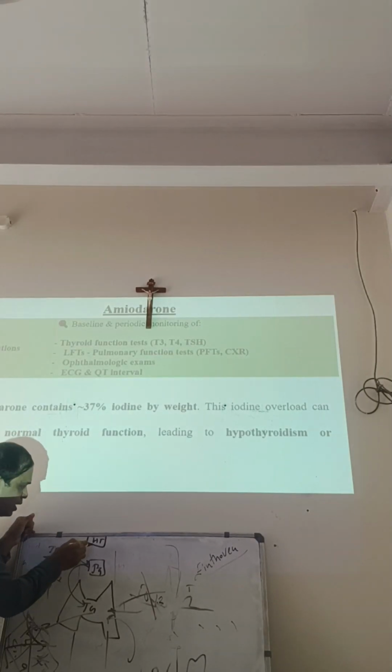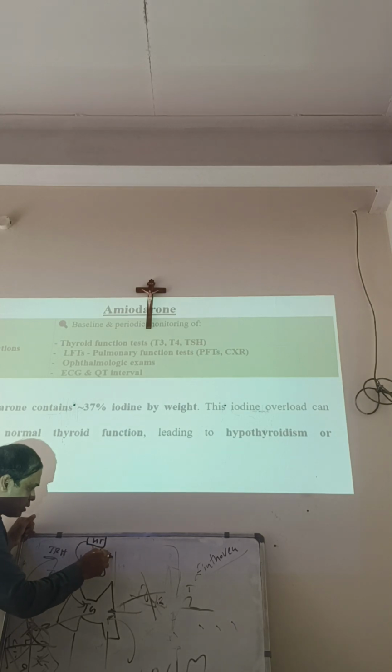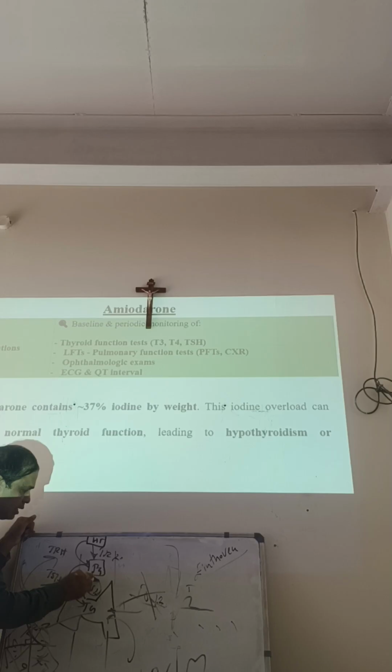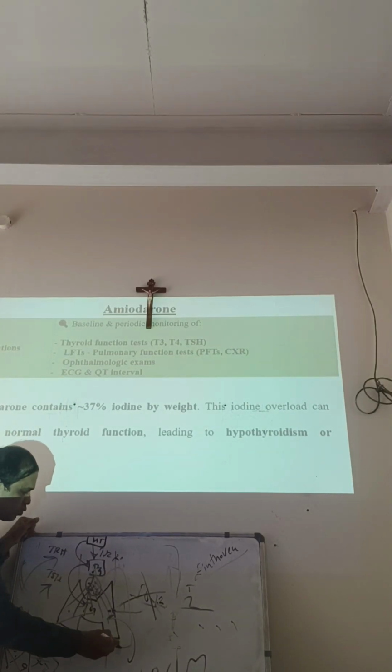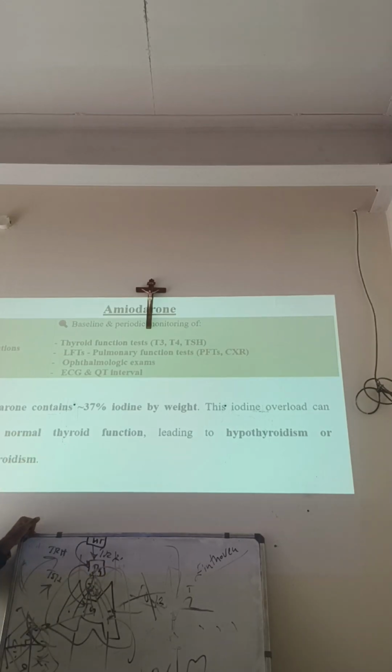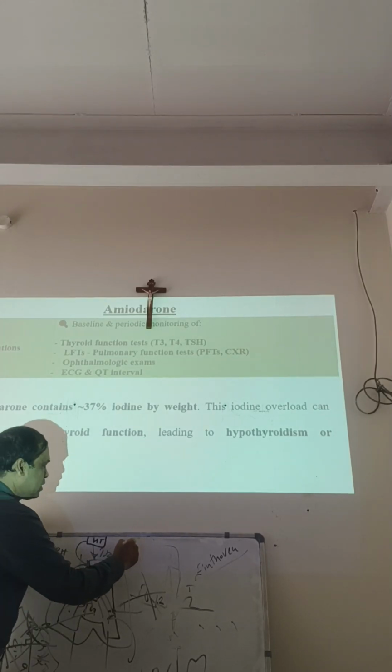So what do we do? We will produce more and more TRH. TSH will stimulate more and more, and TSH is coming and stimulating the gland. Now the gland is telling, I don't have iodine, I can't synthesize. Because it is putting more pressure, the gland will swell. So iodine deficiency, hypothyroidism, goiter. This is called goiter.